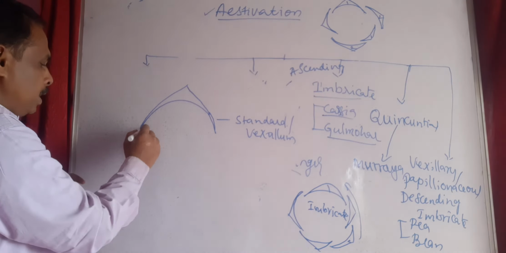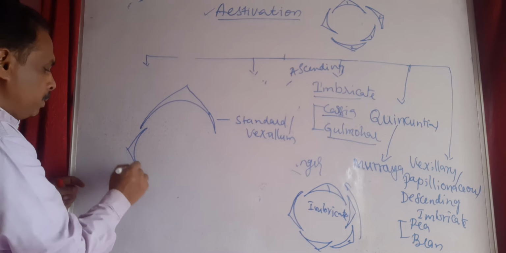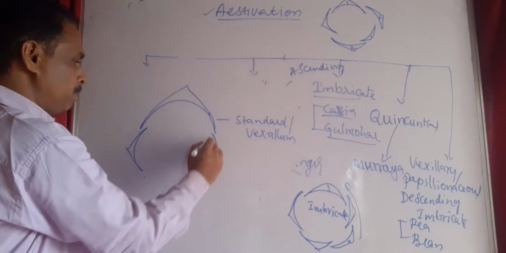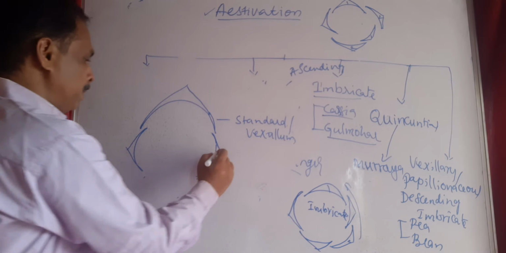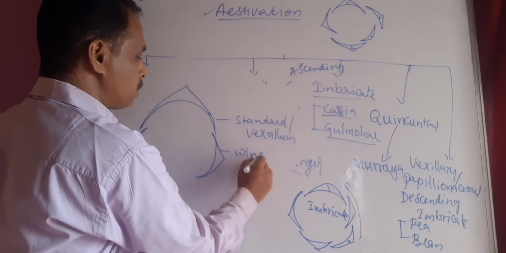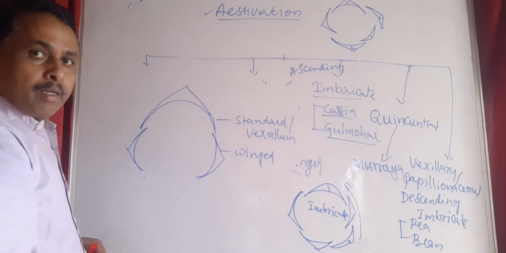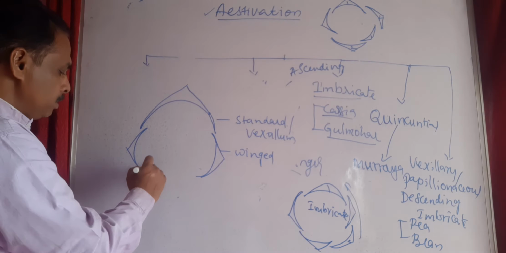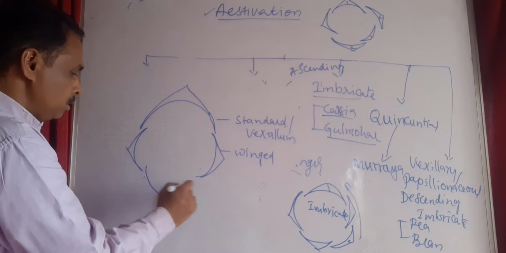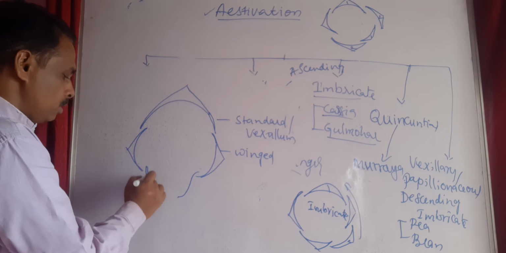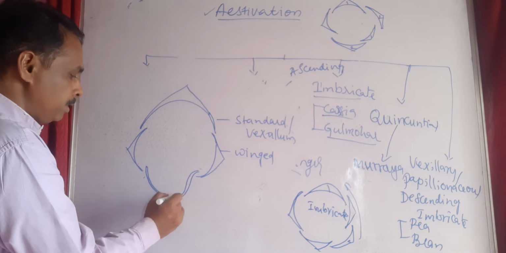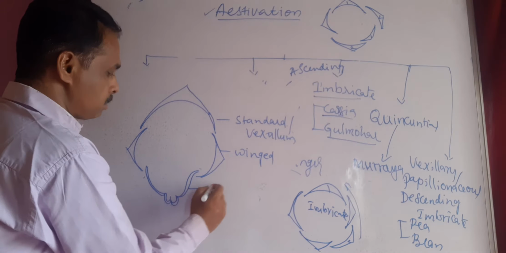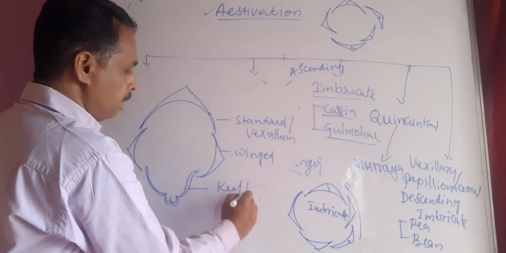The remaining two smaller petals, overlapped by the vexillum, are called wing petals. Two still smaller petals, overlapped by the wing petals, are called keel petals.